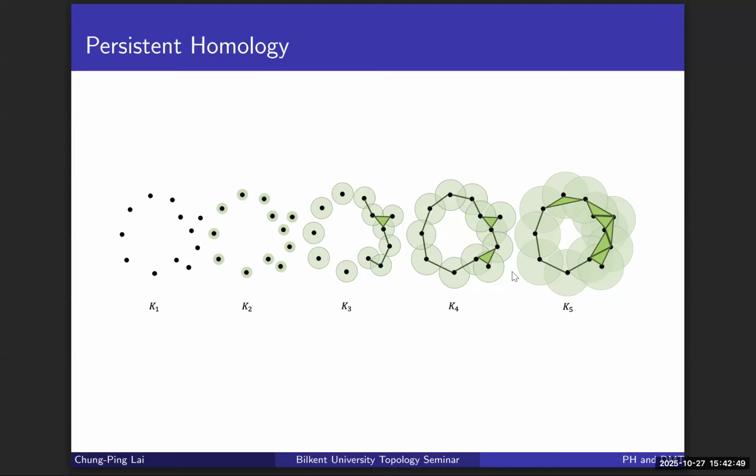But in practice, when we choose an arbitrary data set, we really can't decide what this r is. And the idea of persistent homology is actually you don't have to make a choice. You can really think about every different value of r. But we can leave that behind for a bit.